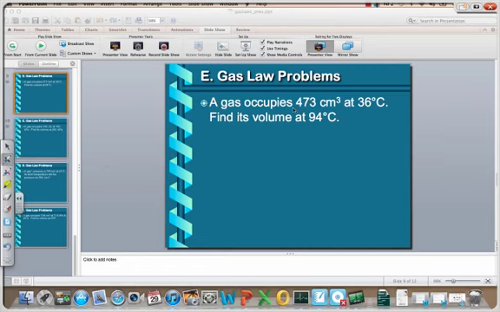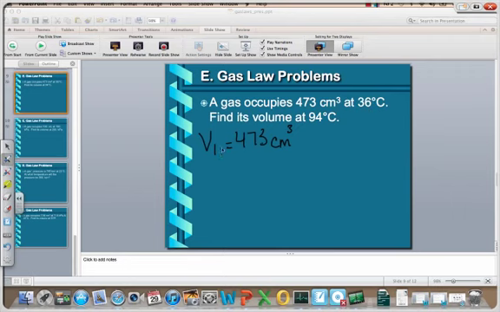So a gas occupies 473 centimeters cubed. Anytime you see centimeters cubed or liters or milliliters, that is the volume. So V1, the initial volume, is equal to 473 centimeters cubed at 36 degrees Celsius.